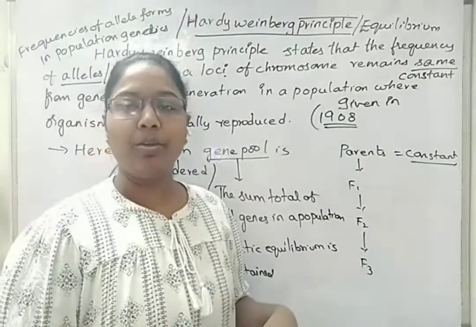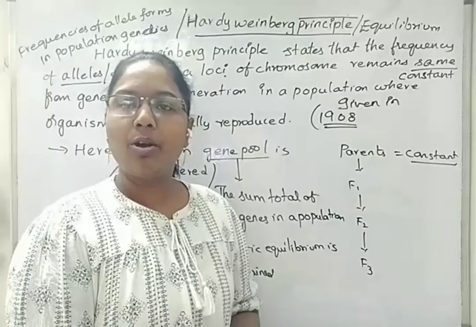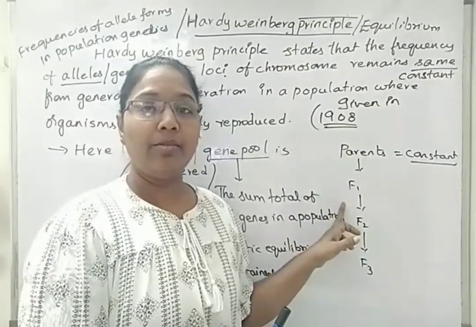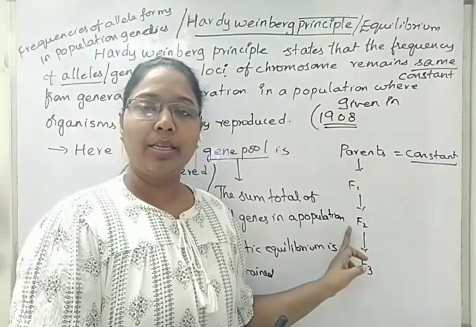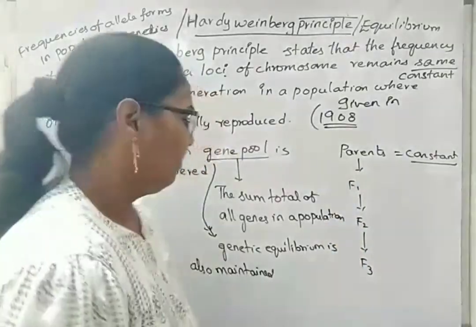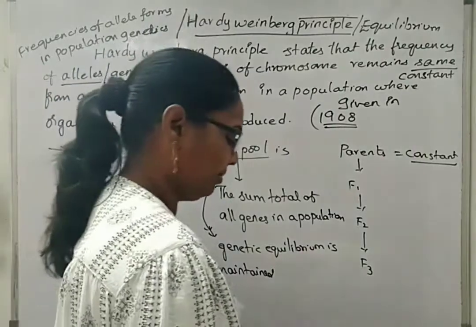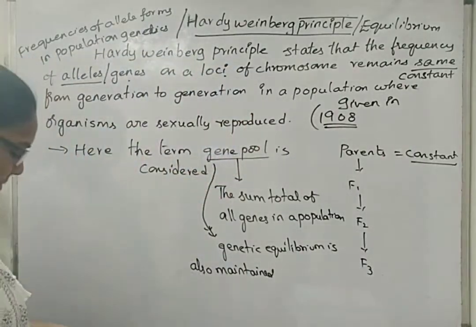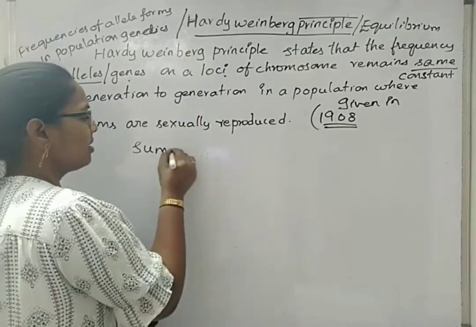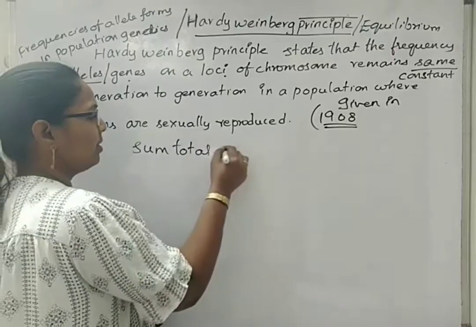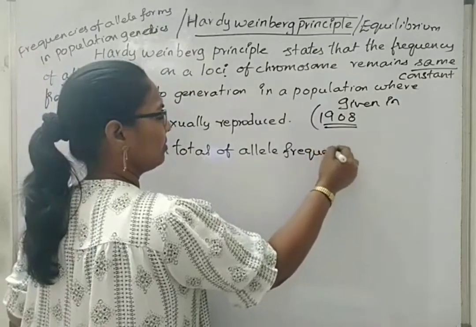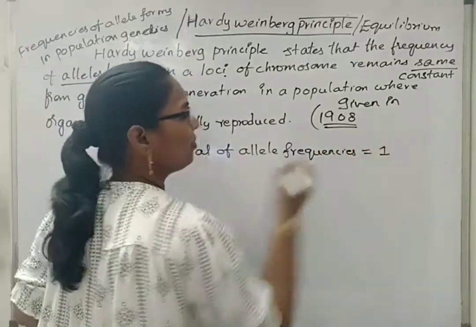It means the total gene pool, or the sum total of the alleles in a gene pool, is the same in the parent. The same numerical value is seen in F1 and the same in F2. But it varies from species to species. So we can represent this Hardy-Weinberg principle as the sum total of allele frequencies is equal to 1.